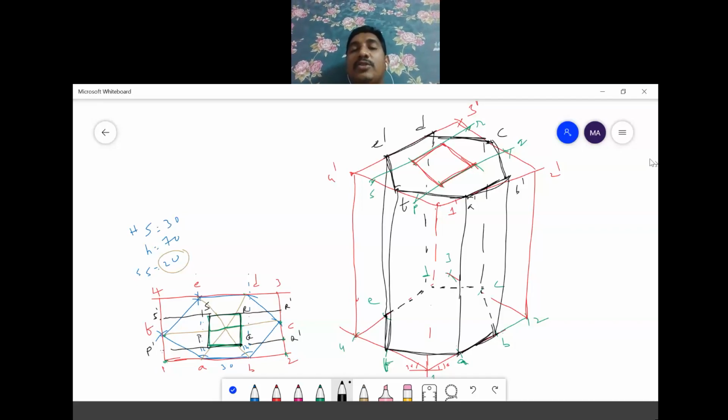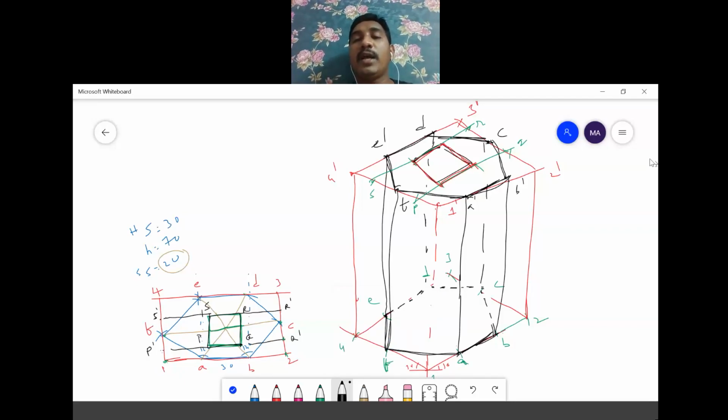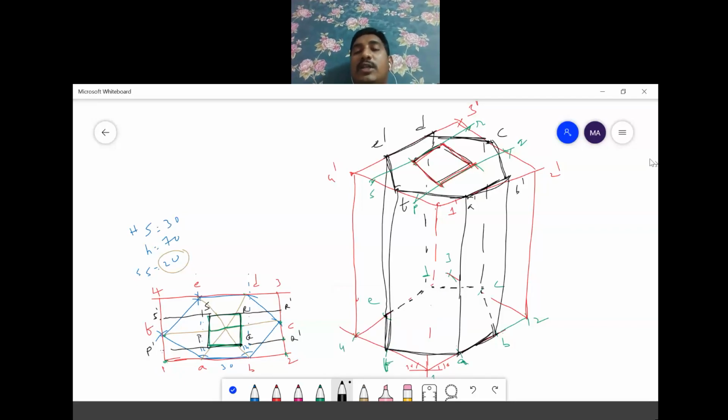All the black lines should be very dark, and this red color square, the inside square which I have drawn, this one should be dark, and the remaining lines should be very light. Those are all construction lines.